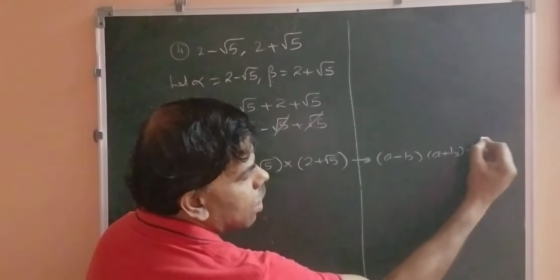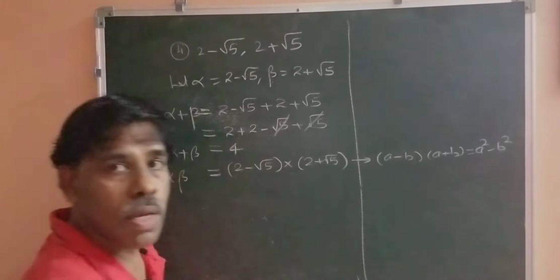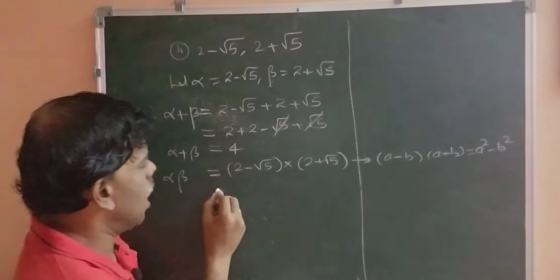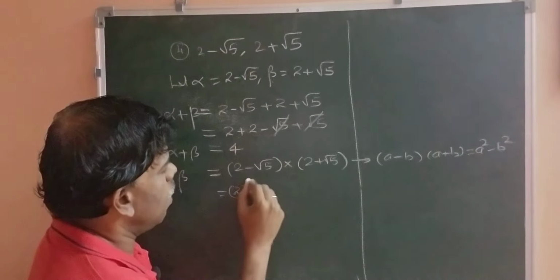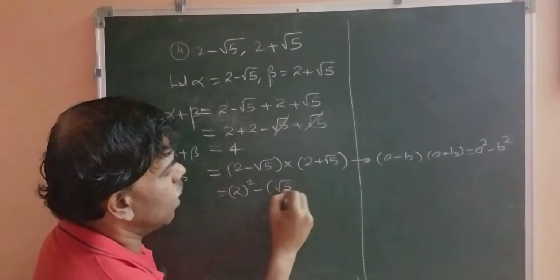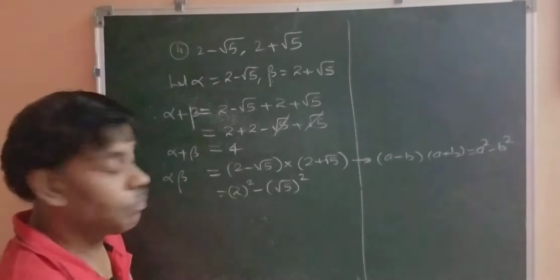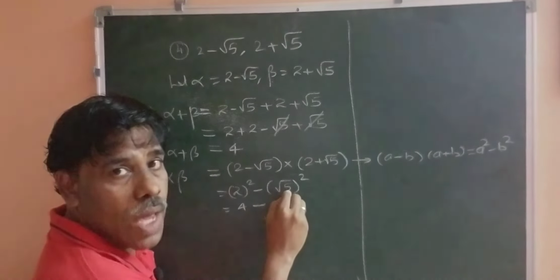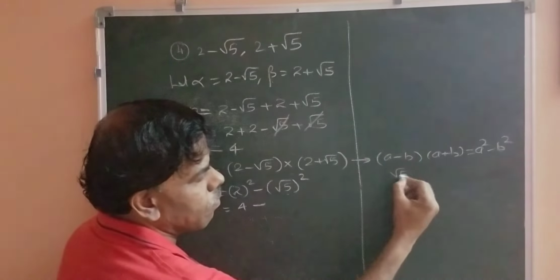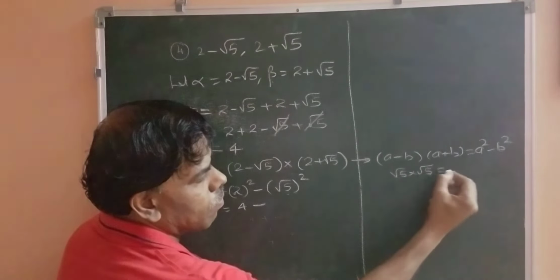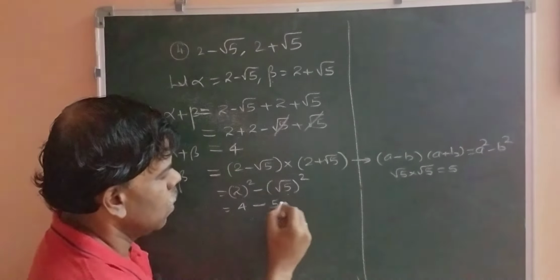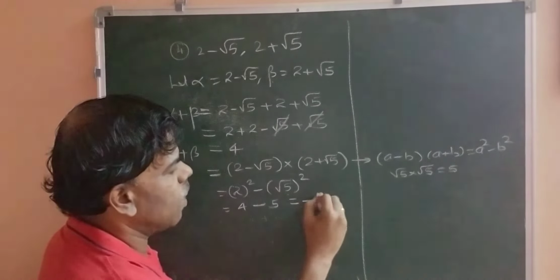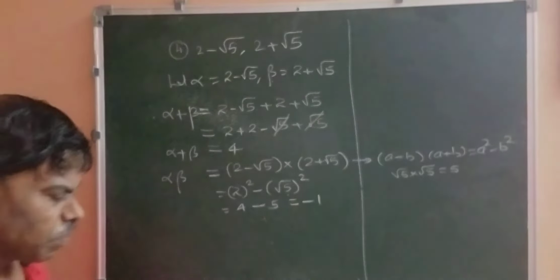So what is the formula? a square minus b square. So we will write 2 square minus root 5 the whole square. What is 2 square? 4. What is root 5 into root 5? 5. So 4 minus 5 is minus 1.